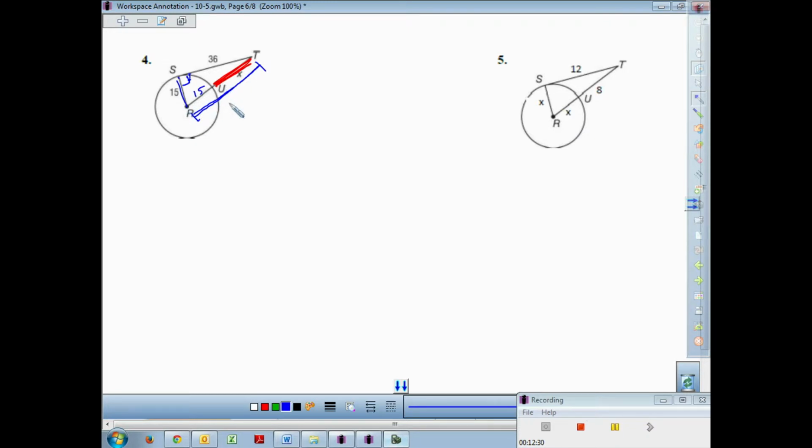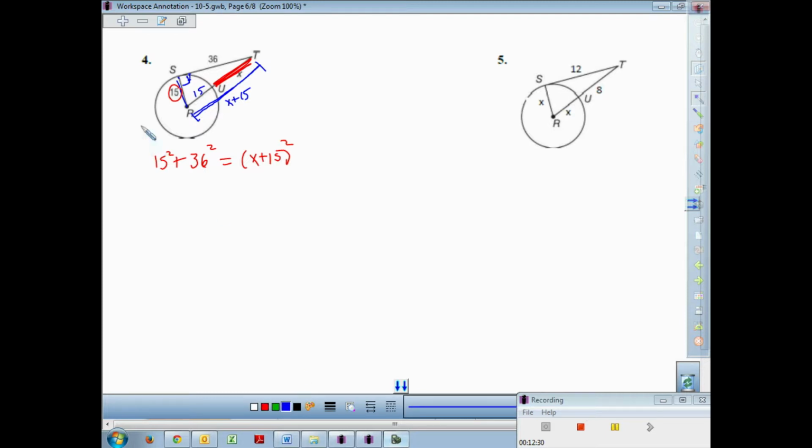So this entire distance is x plus 15. So to do the Pythagorean theorem, we'd say this leg right here, 15, needs to get squared, added with this leg right here of 36, which needs to get squared. And that should equal this entire hypotenuse, which is x plus 15, and that needs to get squared.